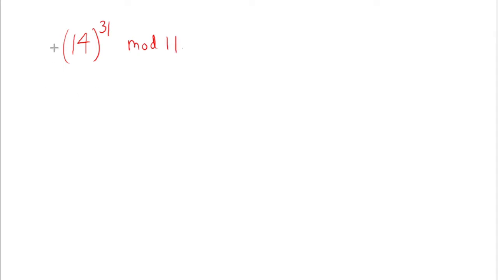And as it was discussed in the video, this can be written in the binary form, which is 16 plus 15, so this all will be ones, and mod 11.